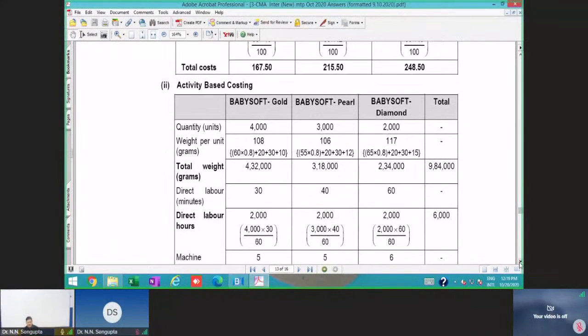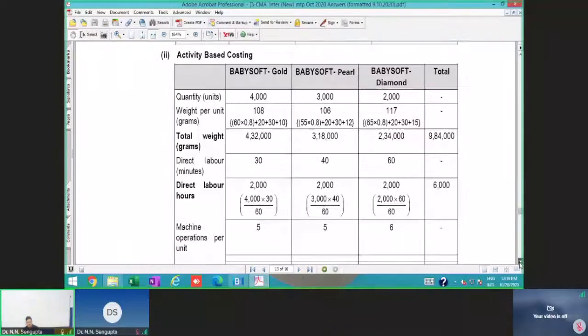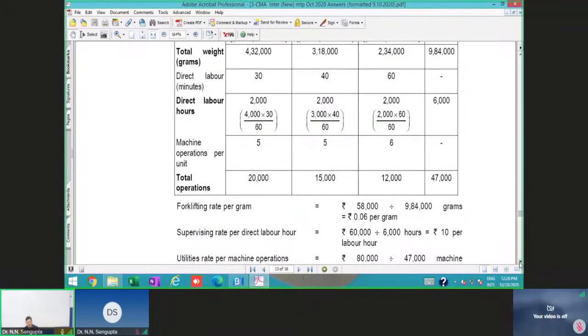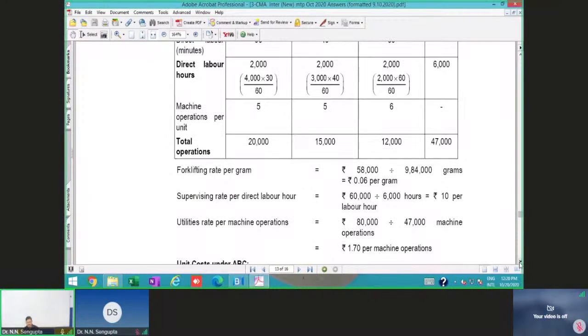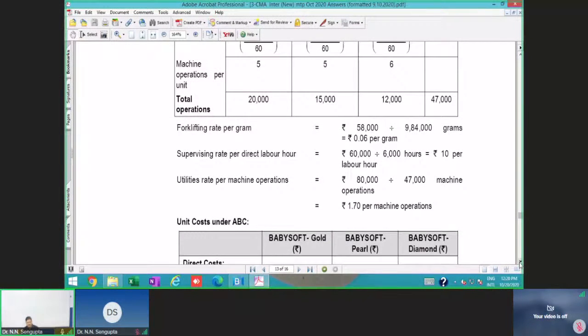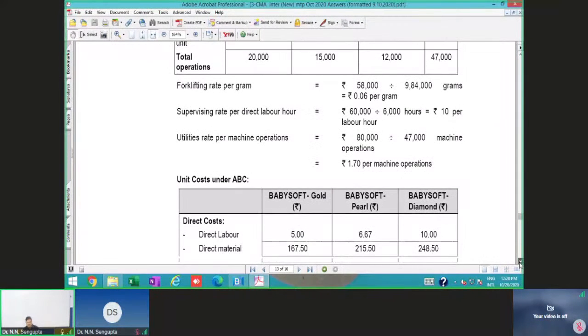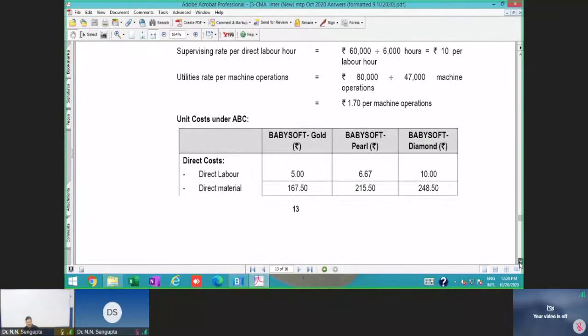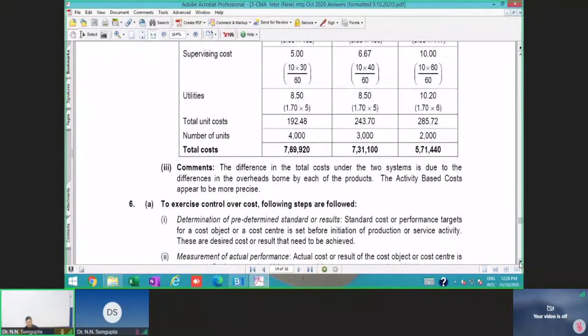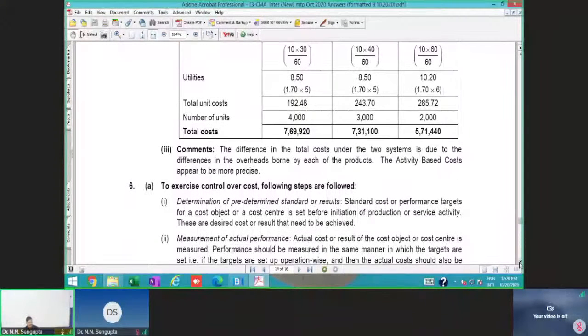When you are starting with ABC, now total weight has been calculated, direct labor hours have been calculated, total operations have been calculated. So the forklifting rate per gram is there. Then direct labor, direct material, and this is basically the total cost, and then finally the comments, right?